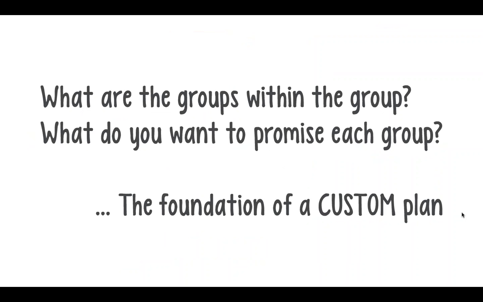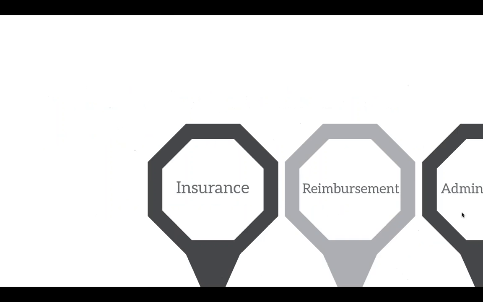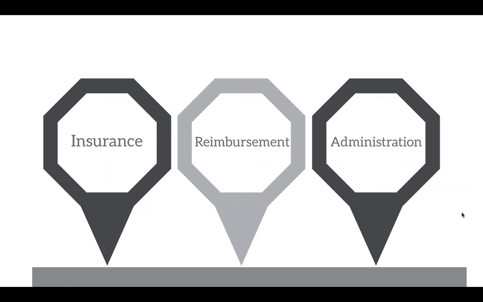It's understanding what the group is and understanding what are the different groups within the group, because regardless whether the employer has 5 employees, 15 employees, 25 employees, or 500 employees, there are different groups within that group. There's no way that the president of the Royal Bank has the same benefits as the customer service rep that just got hired. So it's really important to identify what are the groups within each group, and this is really the foundation of that customized employee benefit program.